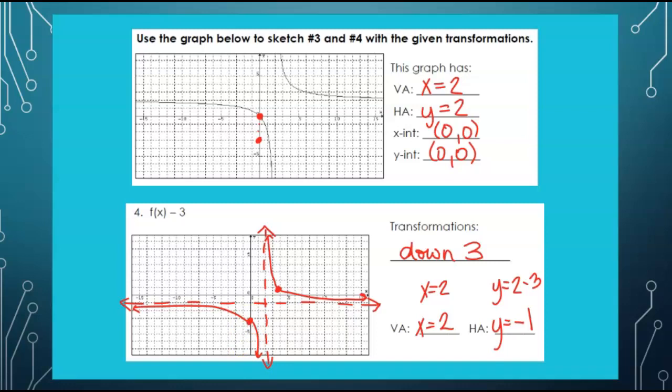And then for the x-intercept, I need something that's going to come down after being shifted down 3 times, and it's going to land on the x-axis. So I need to figure out 1, 2, 3, where my kind of intersection is along this line.